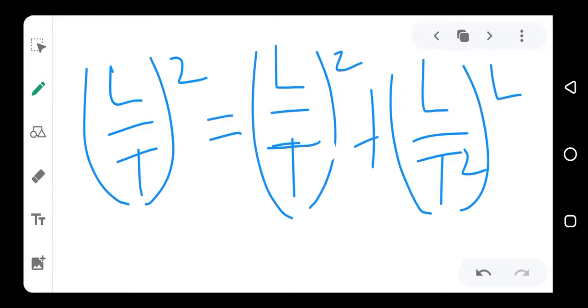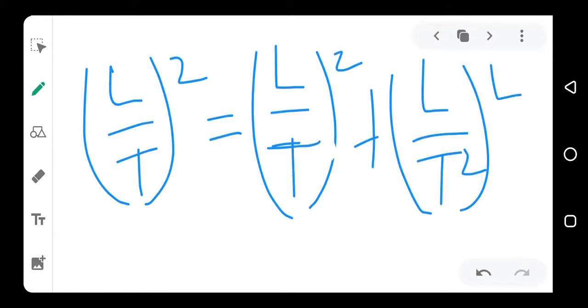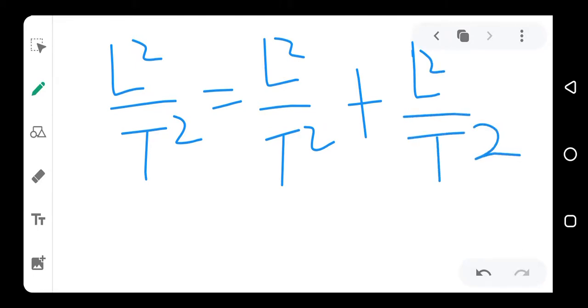And then here we have L times L, which is L squared, over T squared.